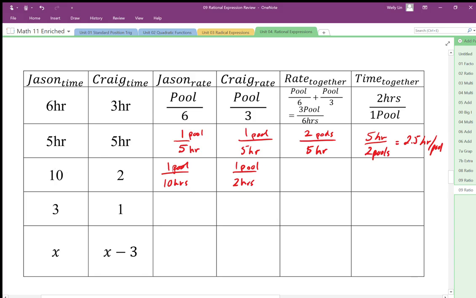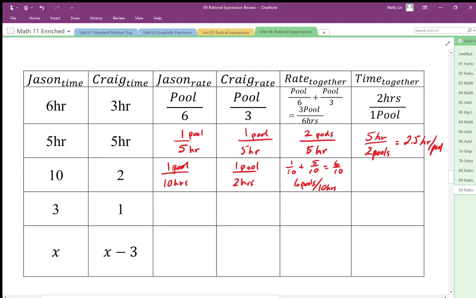So when we add these together, we need a common denominator. So we're going to end up with 1 over 10 plus 5 over 10, and so we get 6 over 10. What that means is, in 10 hours, this guy will get 1 pool done and this guy will get 5 pools done. So we get 6 pools filled in 10 hours.